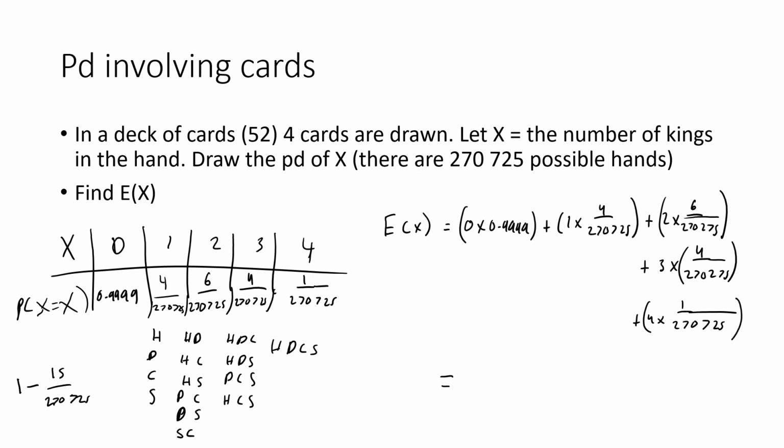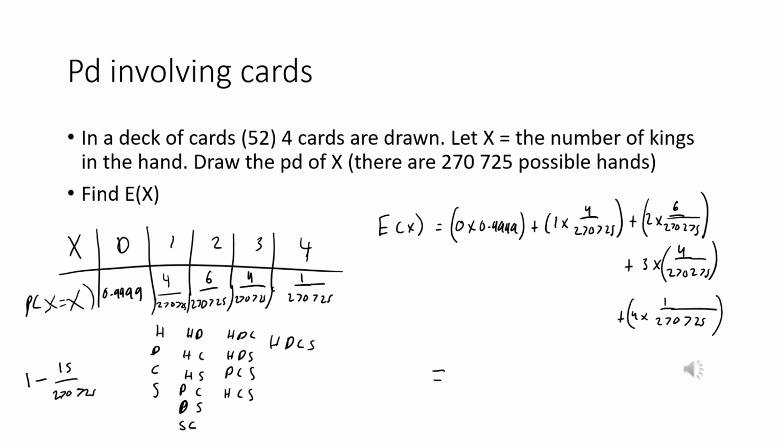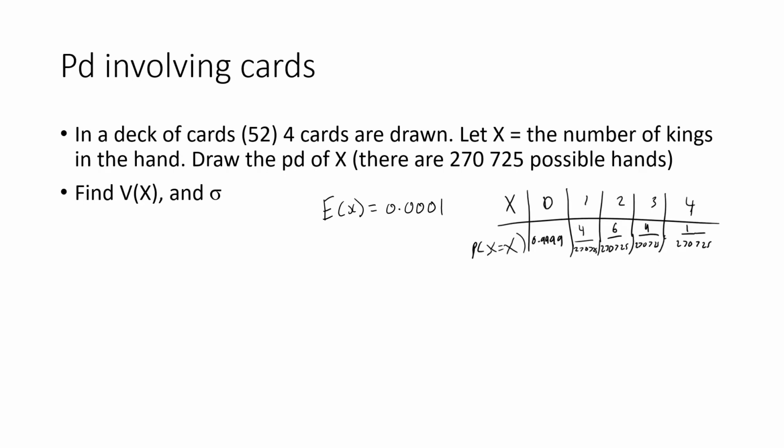And that gives us a number which is 0.0001. I realized here I wrote the denominator wrong, so apologies for that. Now try and find variance and sigma by yourself.